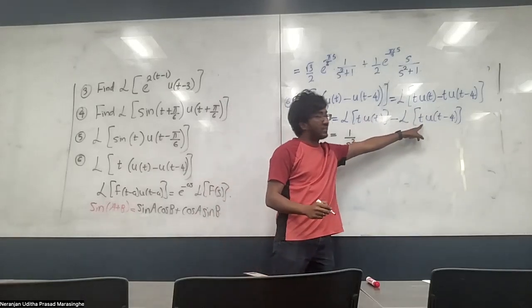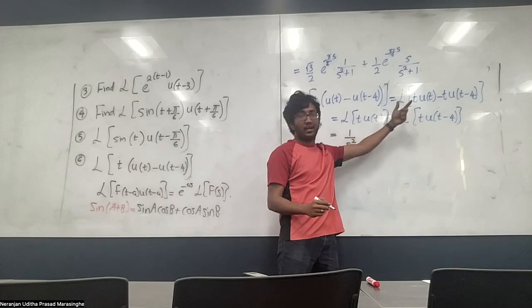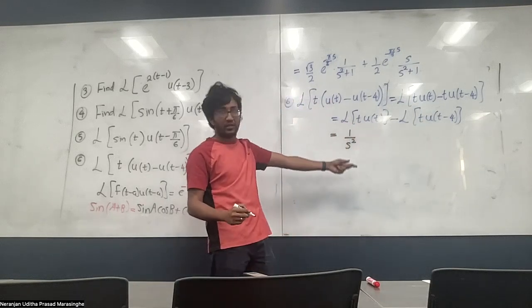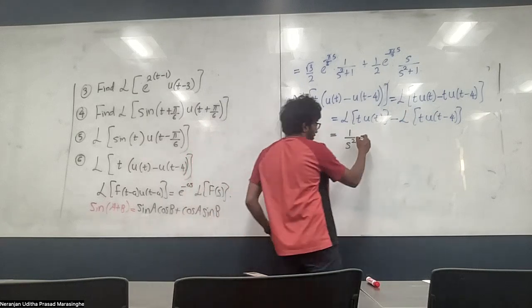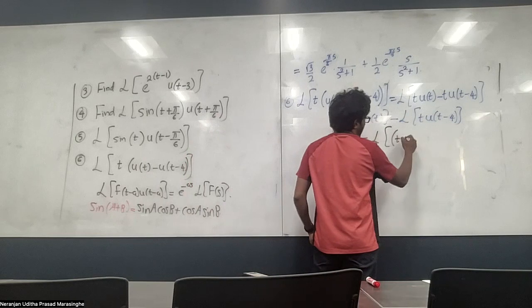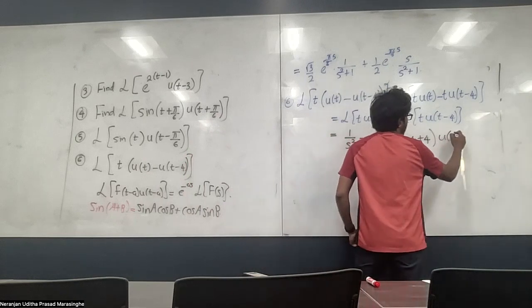Now the problematic part is this one. If I have t minus 4 instead of t, I can apply the second translation theorem. But the problem is I have t. So I use the same technique again. I would replace t by t minus 4 plus 4, times u(t minus 4).